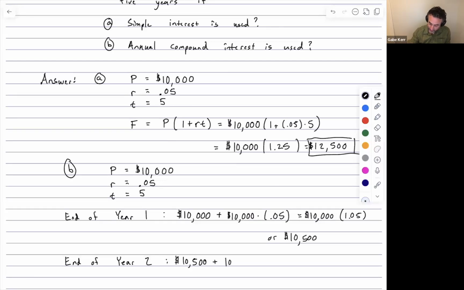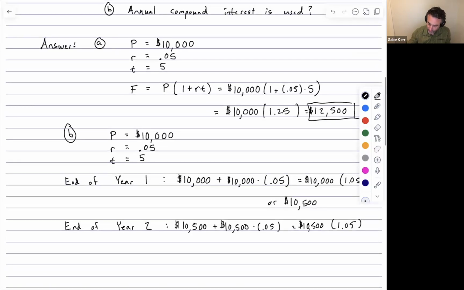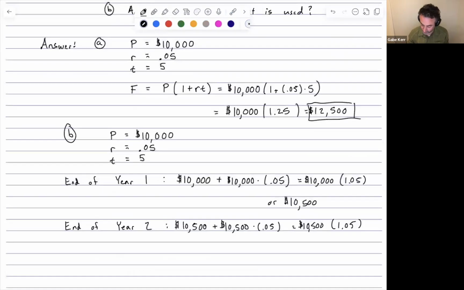So that's 10,500 times 0.05, or 10,500 times 1.05.